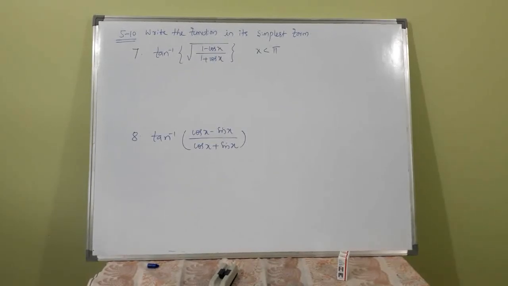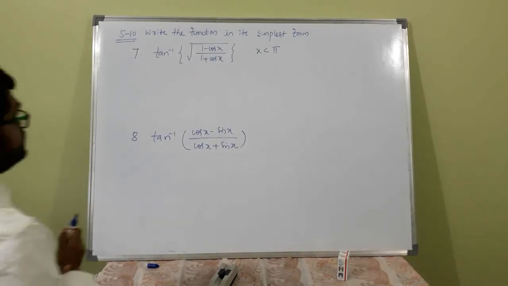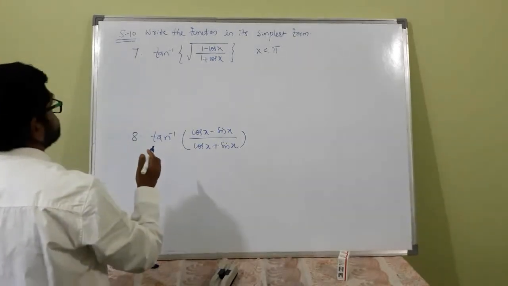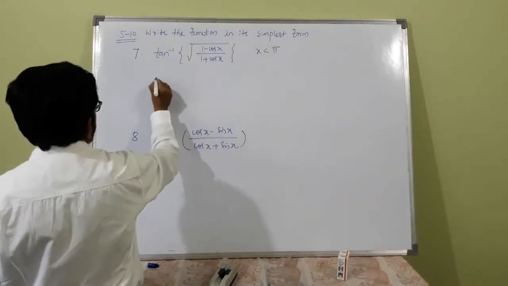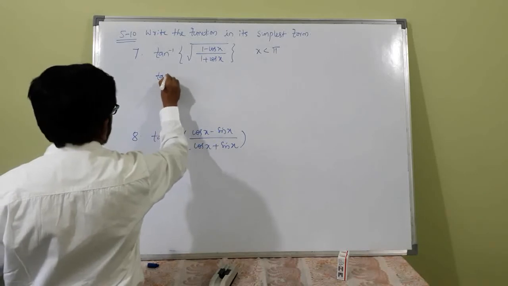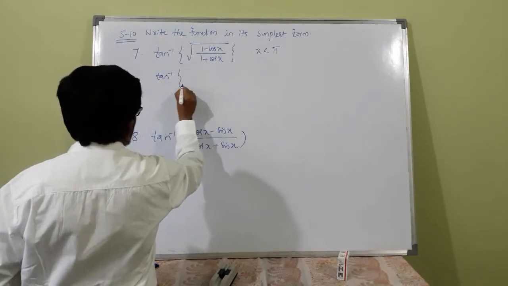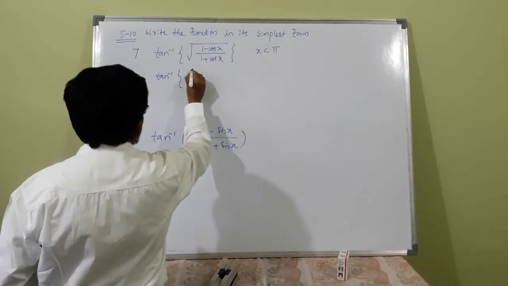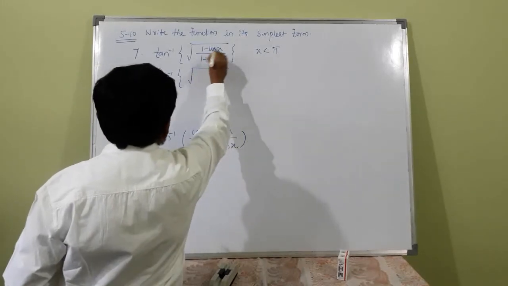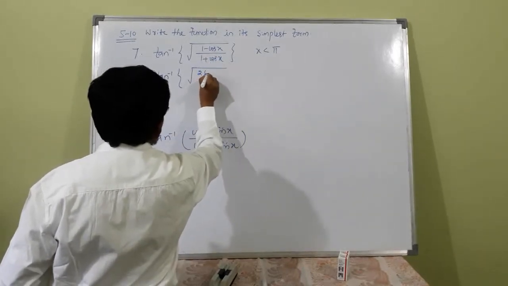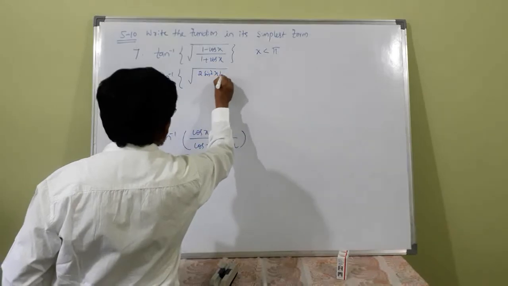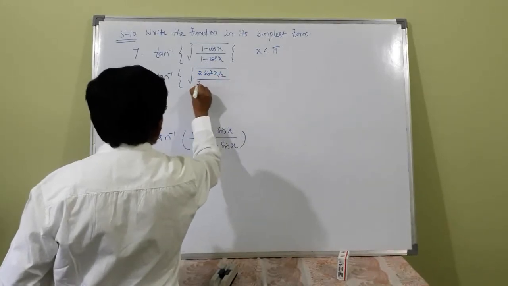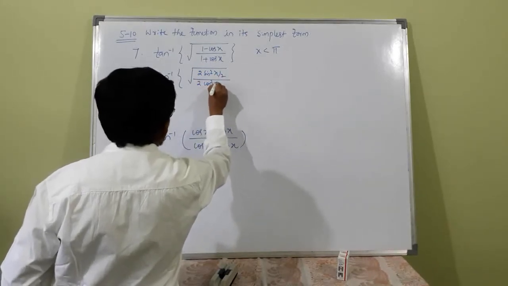Tan inverse of under root of 1 minus cos x divided by 1 plus cos x. So this is a direct application. Tan inverse of square root of, 1 minus cos x is 2 sin squared x by 2 divided by 2 cos squared x by 2.